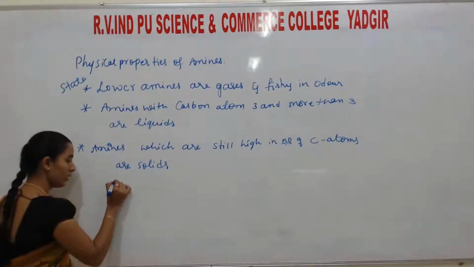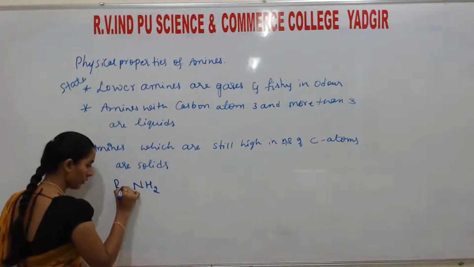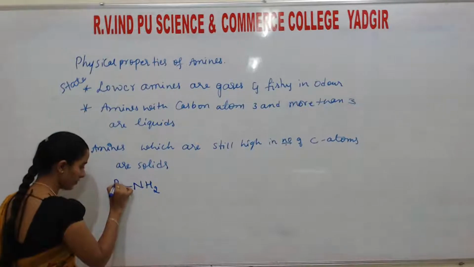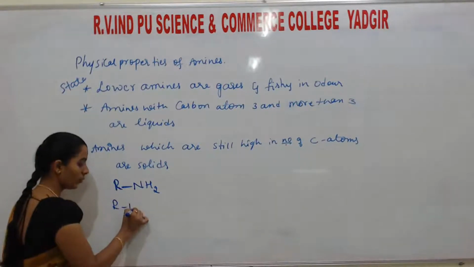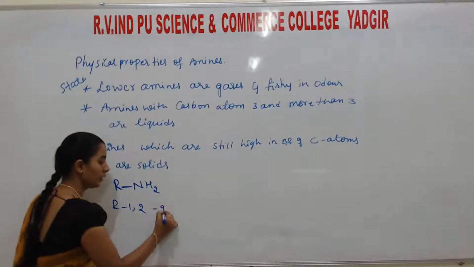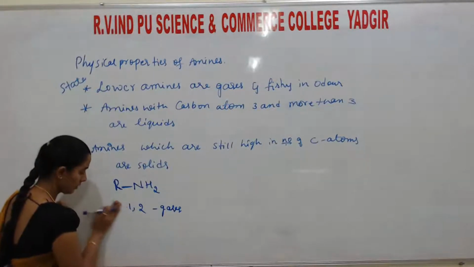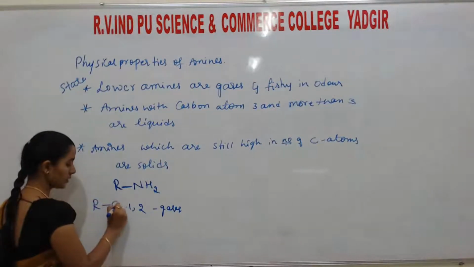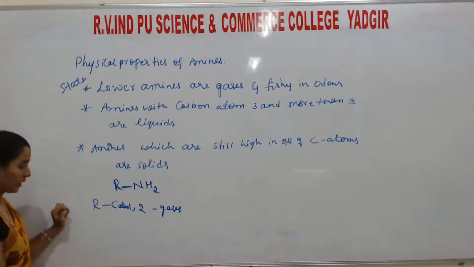For example, RNH2 is the functional group or formula of the amines. If R consists of carbon atom 1 or 2, then they are gases.